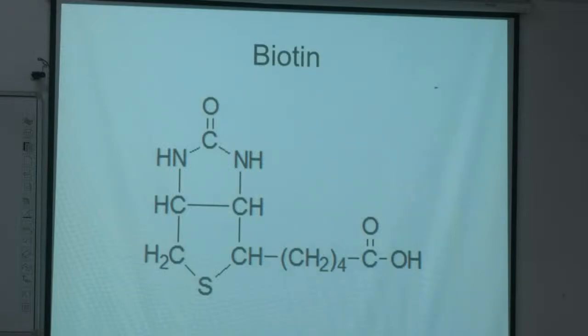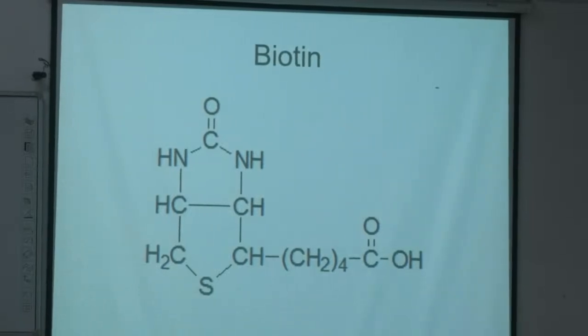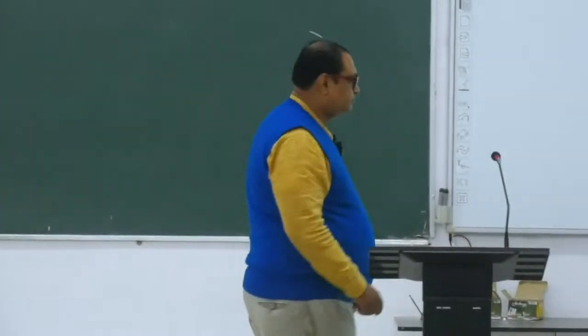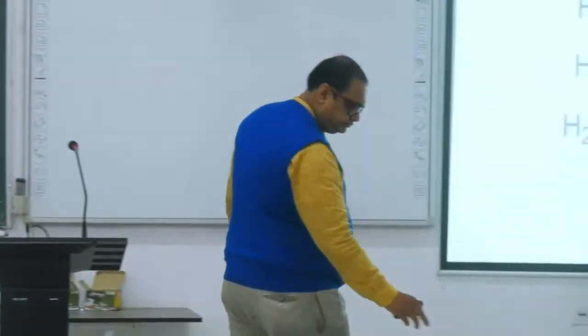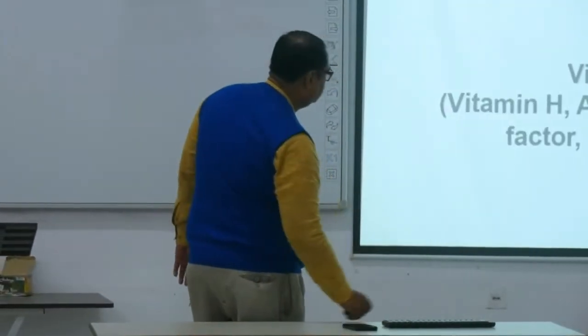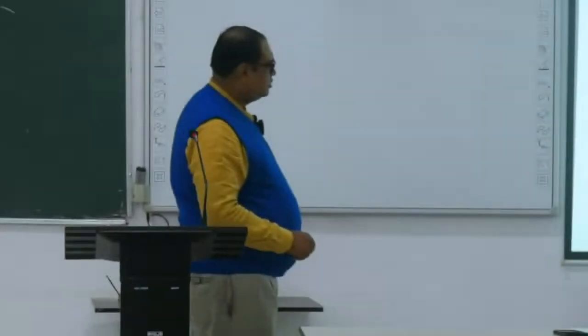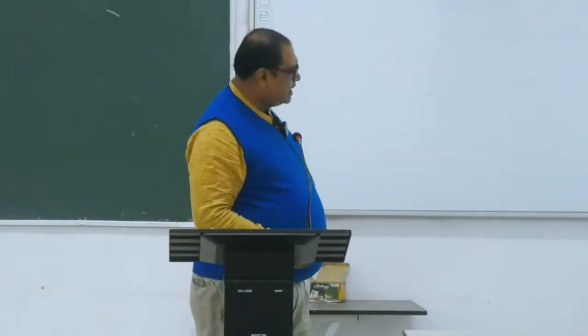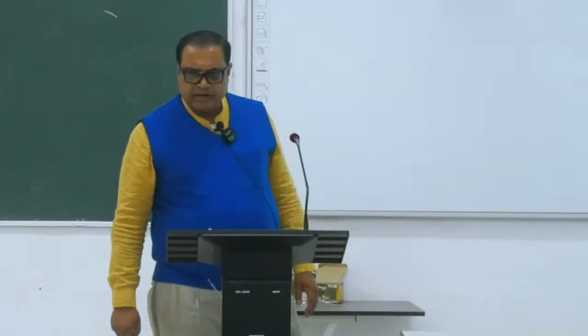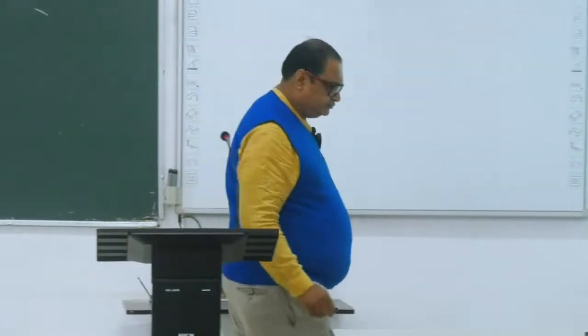Where do you find biotin? In egg white. It is also called vitamin H, and it is called the anti-egg white injury factor.